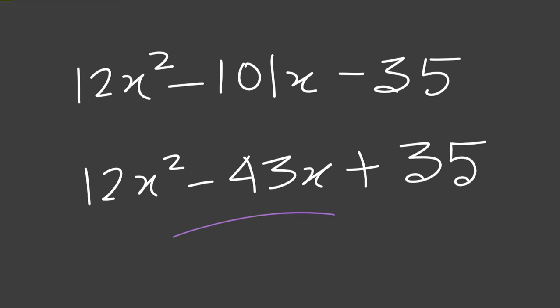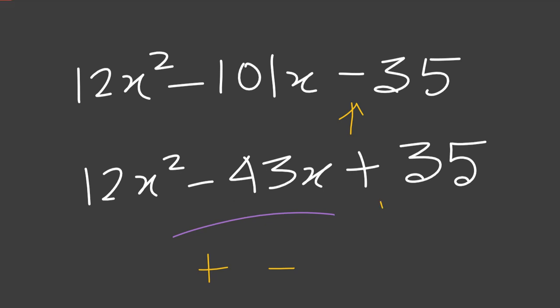Now see the first rule. You need to look at the sign of the constant. The sign of the constant is negative. That means both the roots will be opposite in sign, that is, one will be positive and the other one will be negative.